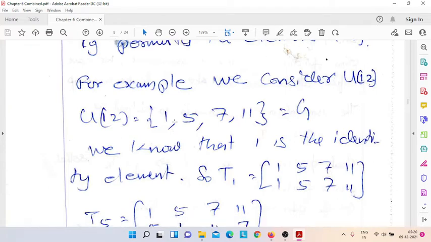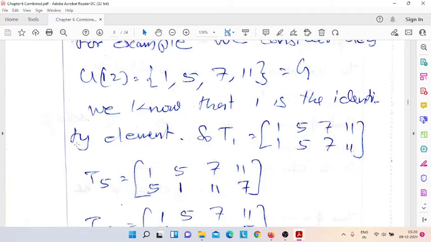U12 contains the elements 1, 5, 7, and 11. These are the numbers which are the members of the set, the group U12, and here that group is taken as G. We know that 1 is the identity element in this group, and so T1, by fixing 1 first, we define T1 on 1, 5, 7, 11.